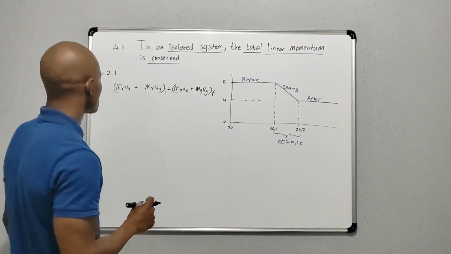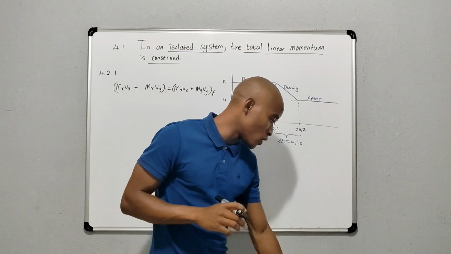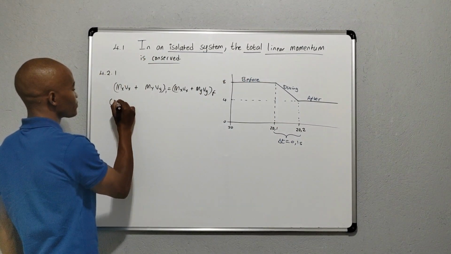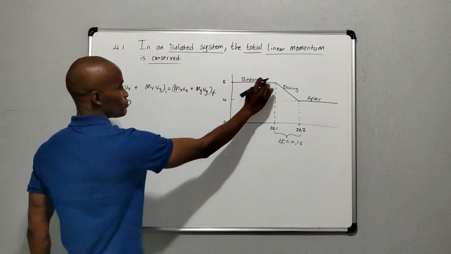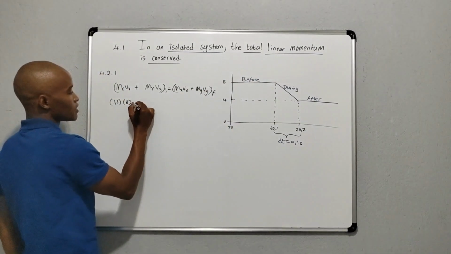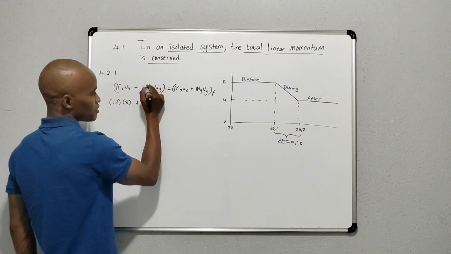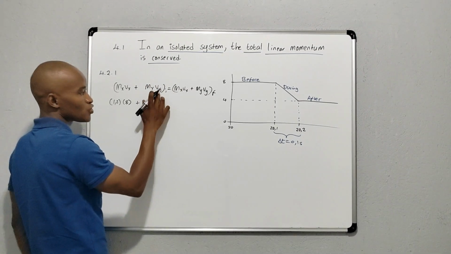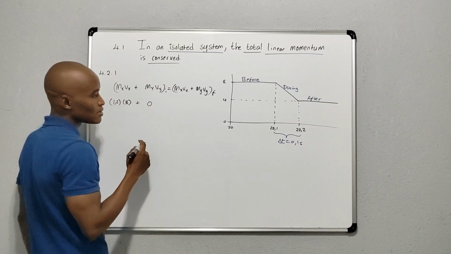Good. So we are given the mass of trolley X to be 1.2 kg, initially traveling at 8 meters per second before collision, plus 0. We don't even need to substitute there because trolley Y is stationary.